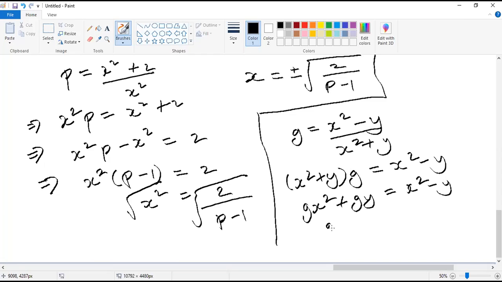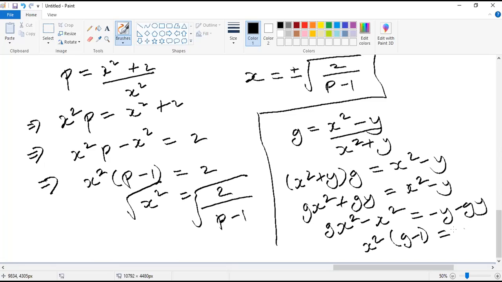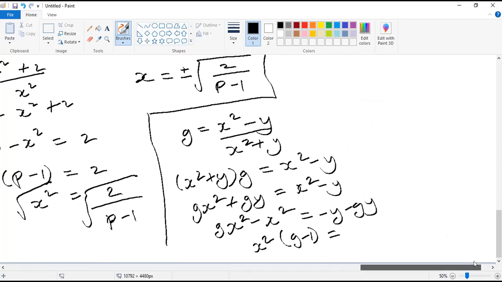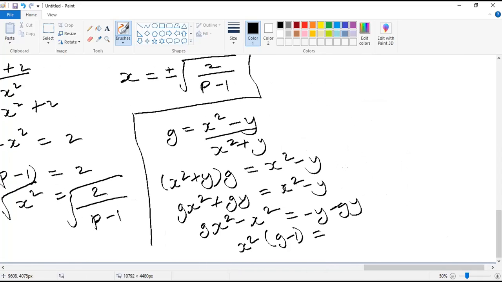So now we group them: Gy, and then this becomes x squared, G minus 1. Similarly, I could have factorized this and put y. I could have even put a minus y, and this would be 1 plus g.